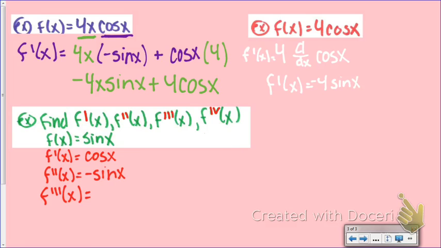So that's the same thing as a negative times the derivative of sine, which is cosine. And then finally, my last one, that fourth derivative, would be the same thing as a negative times the derivative of cosine, which we know is negative sine. So that's a negative sine x, which we know is actually a positive sine x. So that's my fourth derivative.